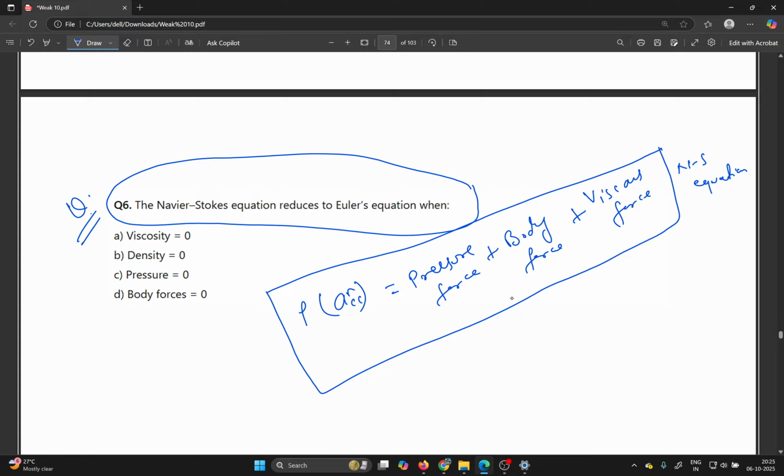But you want to reduce this equation to the Euler equation. So how will you reduce? Means which force will you eliminate? Whether pressure, body or viscous force. That is, your viscosity will be 0, density will be 0, pressure will be 0 or body force will be 0. Very important.